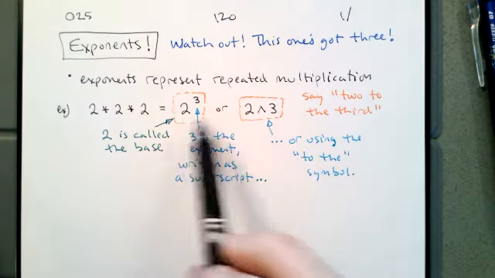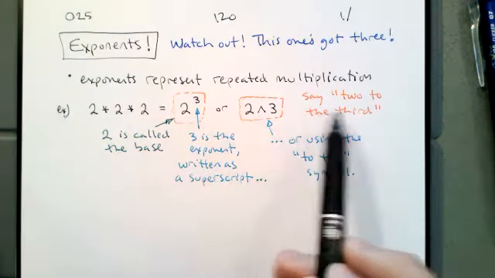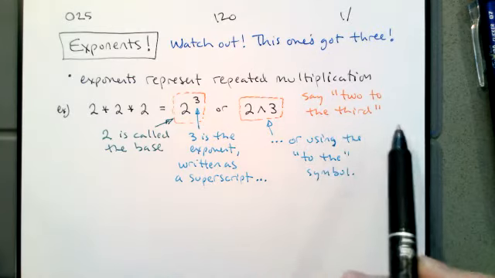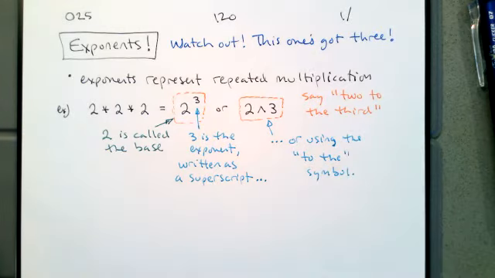And then we would pronounce both of these the same. We would say 2 to the third. If we want to sound fancier, we would say 2 to the third power. We could also say the third power of 2. But when we say it that way, it does a weird thing to our voice, as you just heard. So exponents represent repeated multiplication.